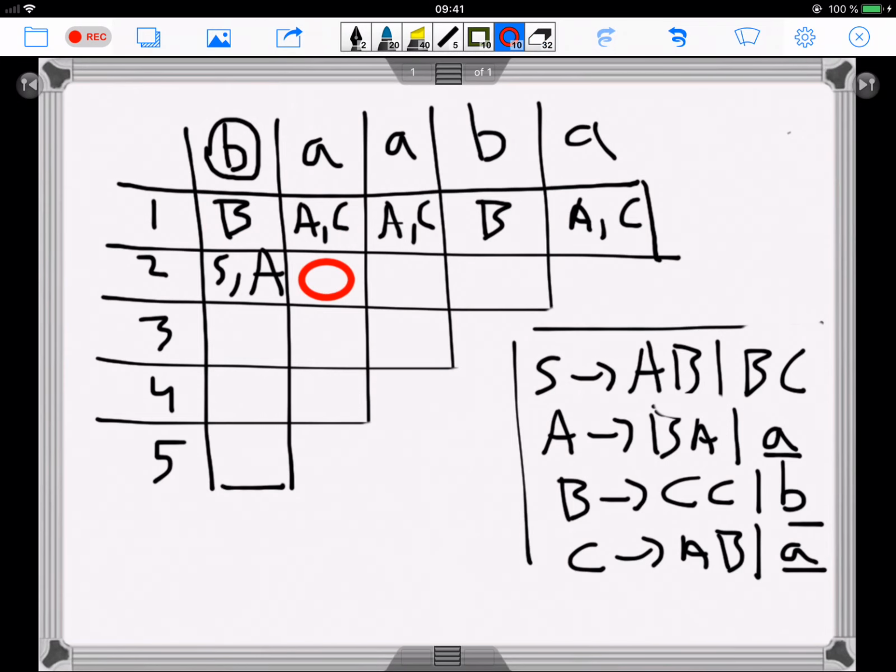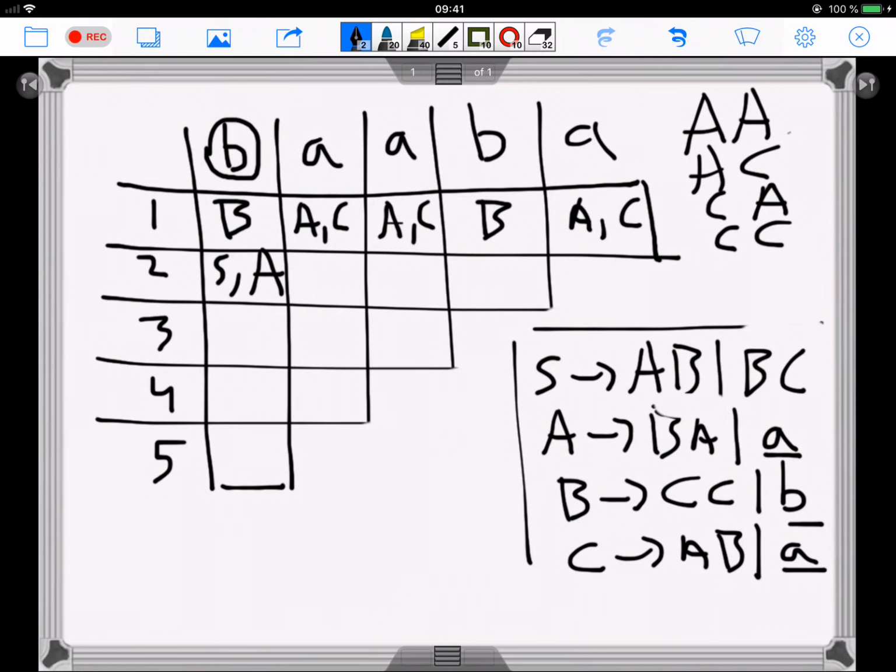Okay, now for this cell here, I need to consider this one and this one. So I need to consider either AA or AC or CA or CC.